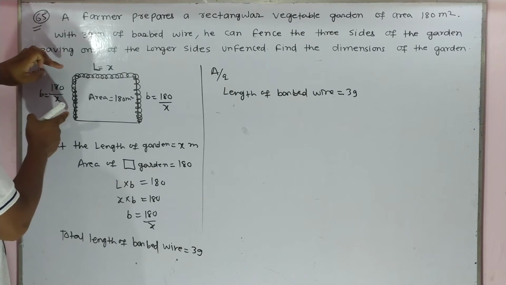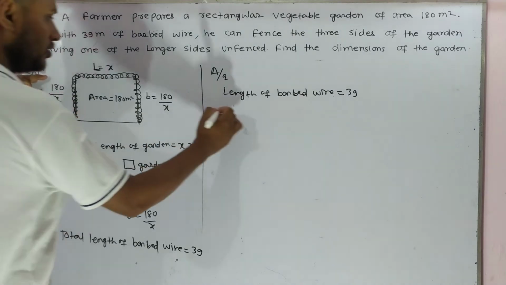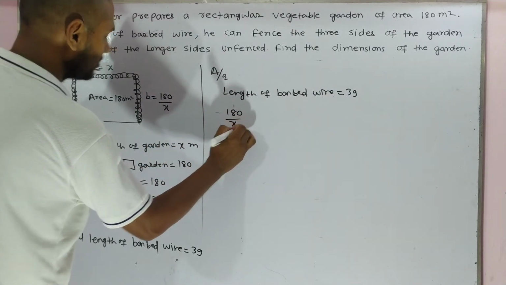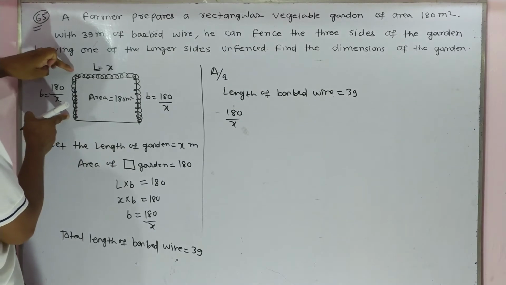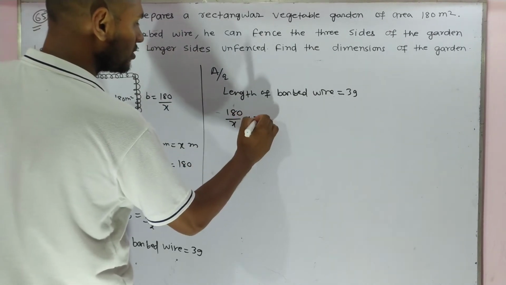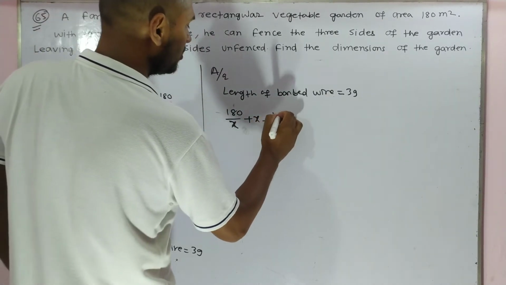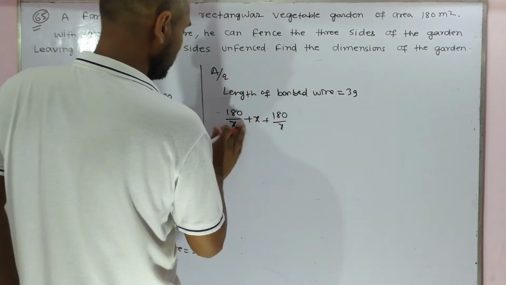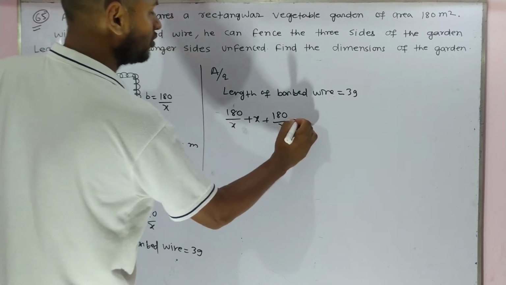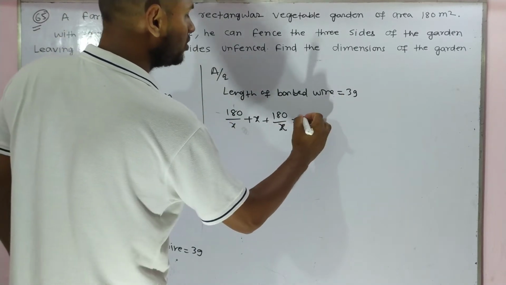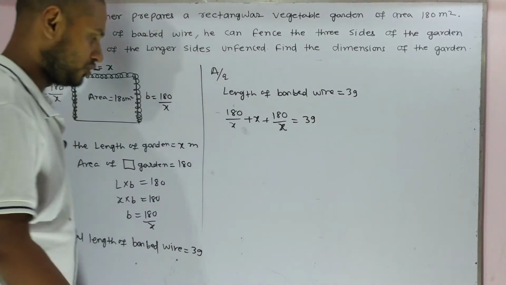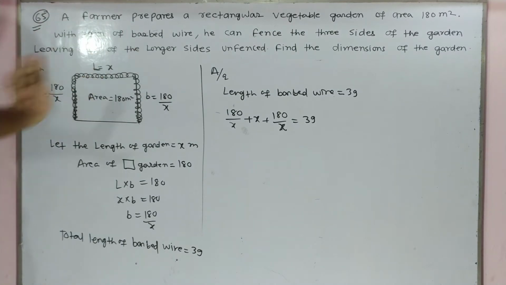The length of the barbed wire is 180 upon x plus x plus 180 upon x, and it will be equal to 39. I hope you are able to follow me.